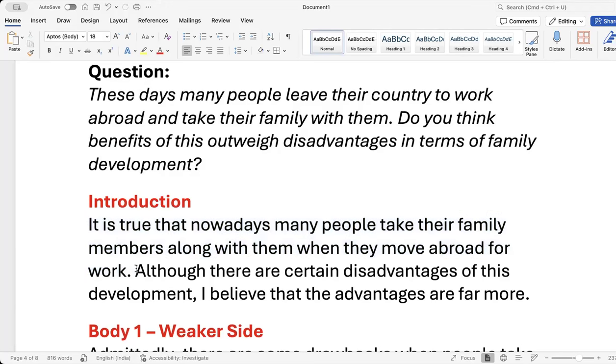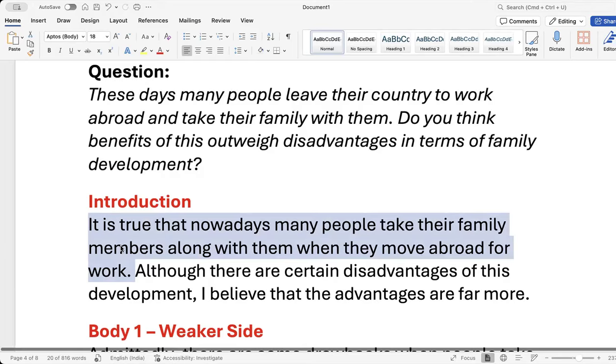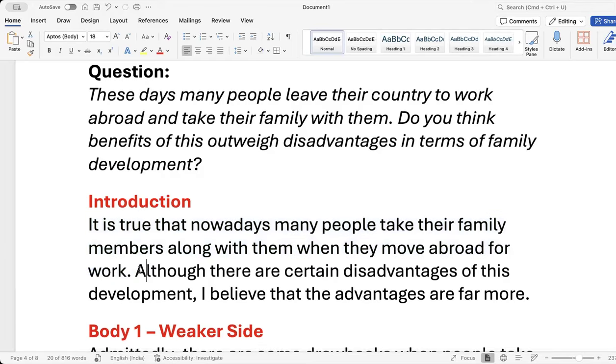Sir, what are the important points that we have to keep in mind while writing advantages and disadvantages essays to score high band scores? So the first thing is use although, while, the complex structures. Second, your point should be strong.